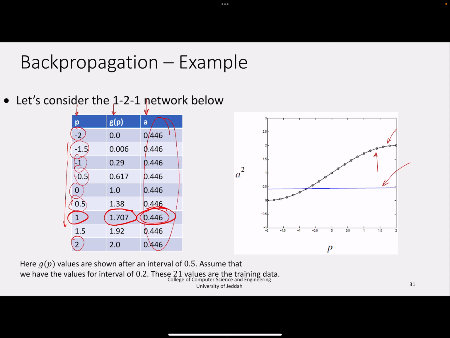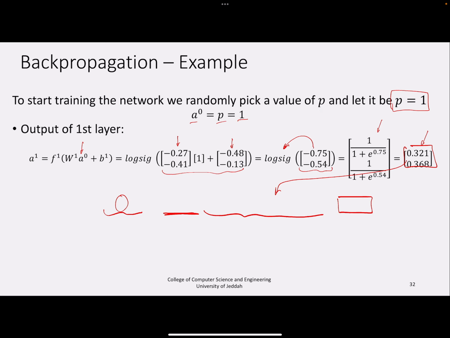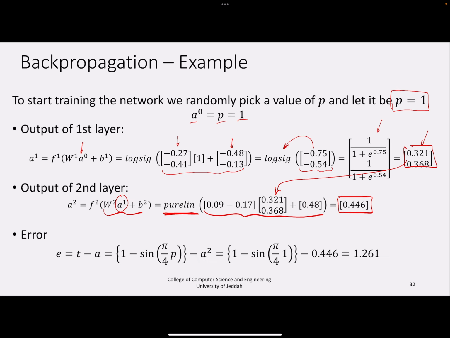This one-to-one network isn't doing much. It's basically spitting out the same output values. That obviously needs to change. And so we compute the error, the difference between what we wanted as output and what we're getting as output. What we want as output is this thing, and what we're getting from the second layer is A2, or 0.446.